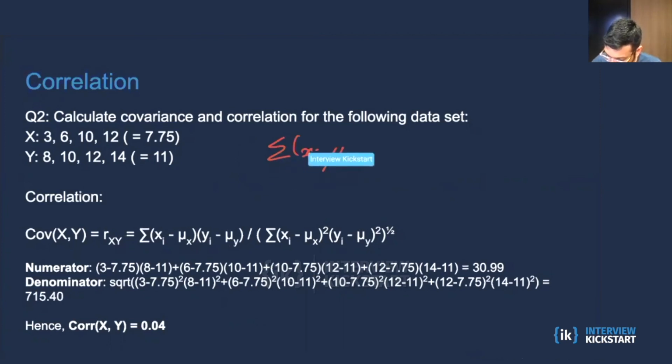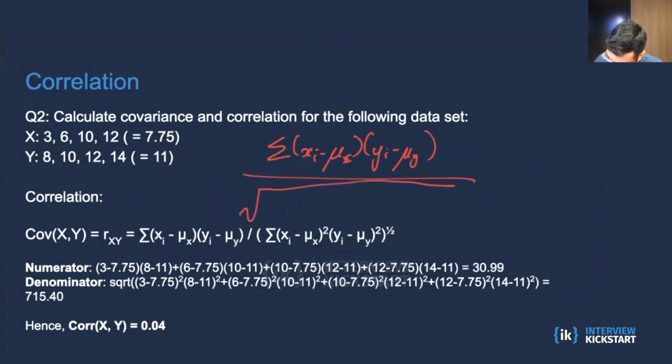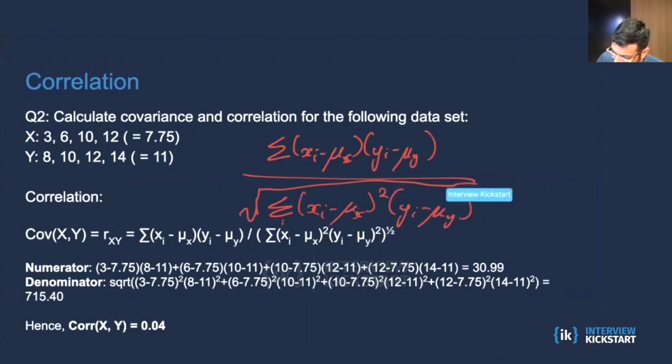Sum of (xi minus mu x) into (yi minus mu y), divided by the square root of the sum over i of (xi minus mu x) squared into (yi minus mu y) squared.